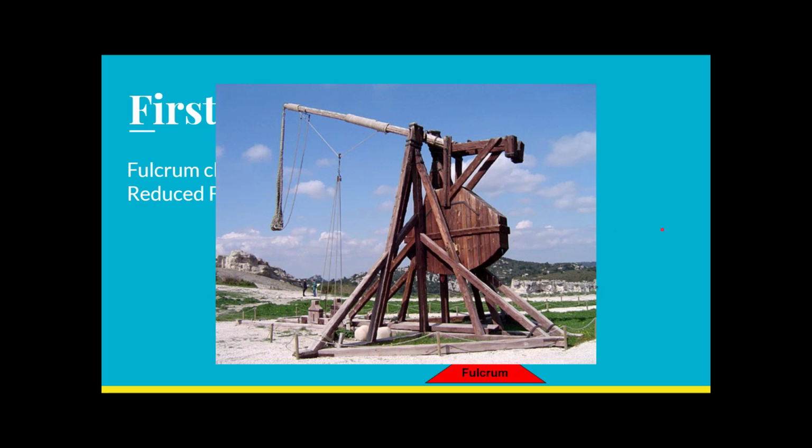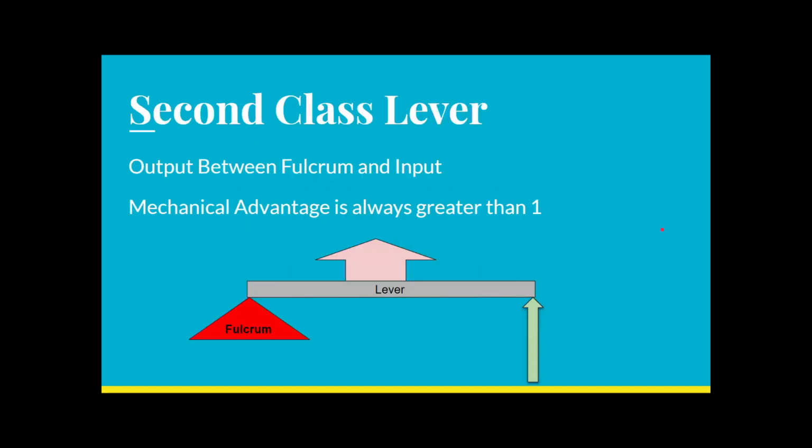All right, let's go ahead and move on to second class levers. So in a second class lever, the output is actually in between the fulcrum and the input. So that means the fulcrum is all the way on one end and the output's actually in the middle.